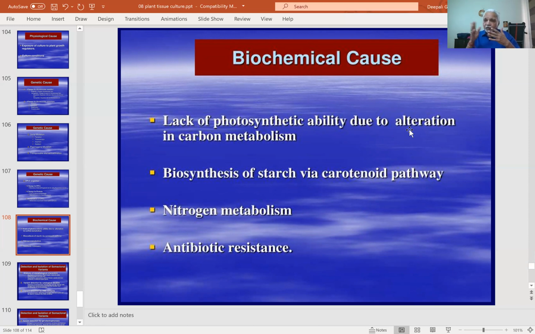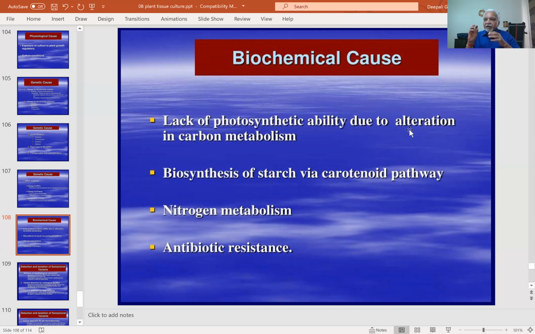That can affect the photosynthetic ability of a plant. Then biosynthesis of starch via the carotenoid pathway can undergo a change, as can nitrogen metabolism and antibiotic resistance. So these are biochemical causes which are responsible for somaclonal variations.